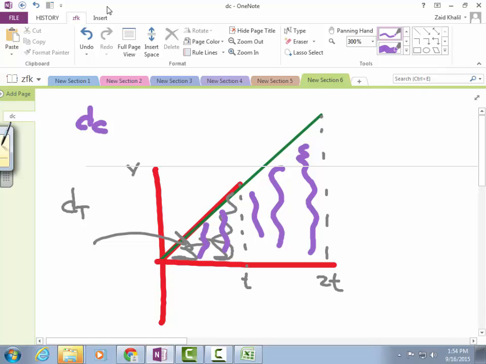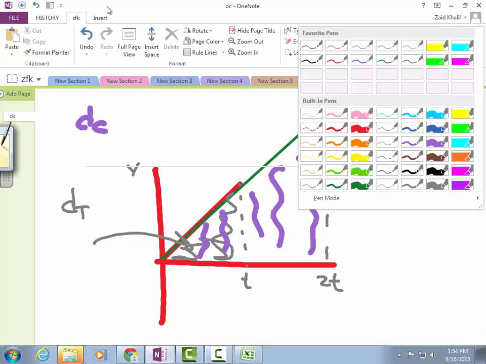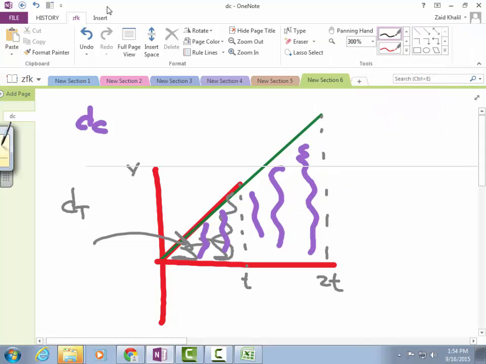Well, watch this. By symmetry, I can go and start ripping this thing apart as follows. One triangle, two triangles, three triangles, four triangles.